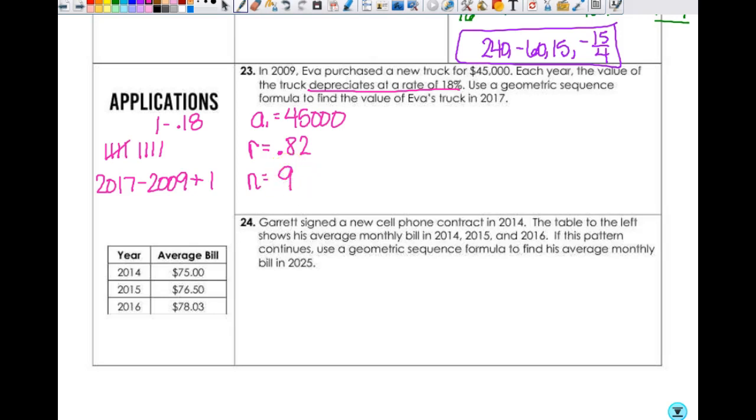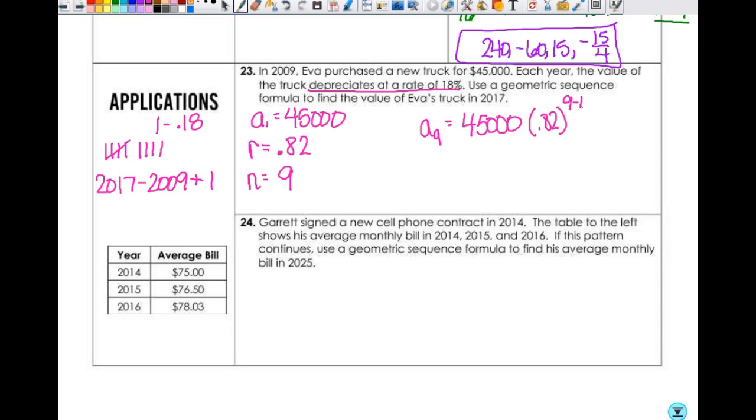So once you've got that, it's just plug and chug. So A9 is going to be equal to 45,000 times R, which is 0.82, to the 9 minus 1 power. This is very similar to the exponential log problems that we had, and we had specific formulas for the rates, and it included like a 1 minus R type thing.